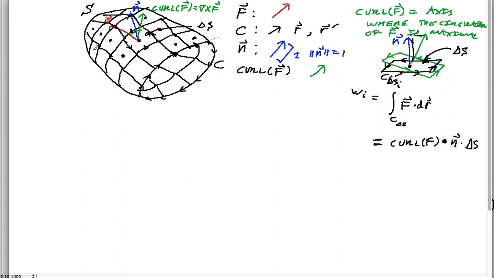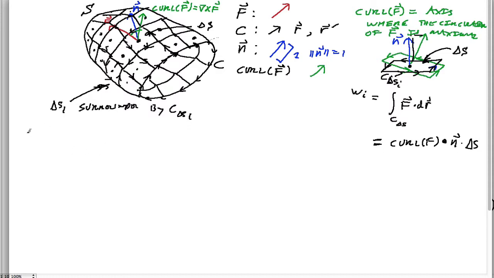We'll think of that as a patchwork that creates our surface integral. Those are our representative points, and we're going to compute a bunch of work integrals, each around a small patch, delta S i, which is surrounded by what I'll call C delta S i. Each one of those is going around like such. So that allows us to compute a surface integral, and we have all these little patches to do.